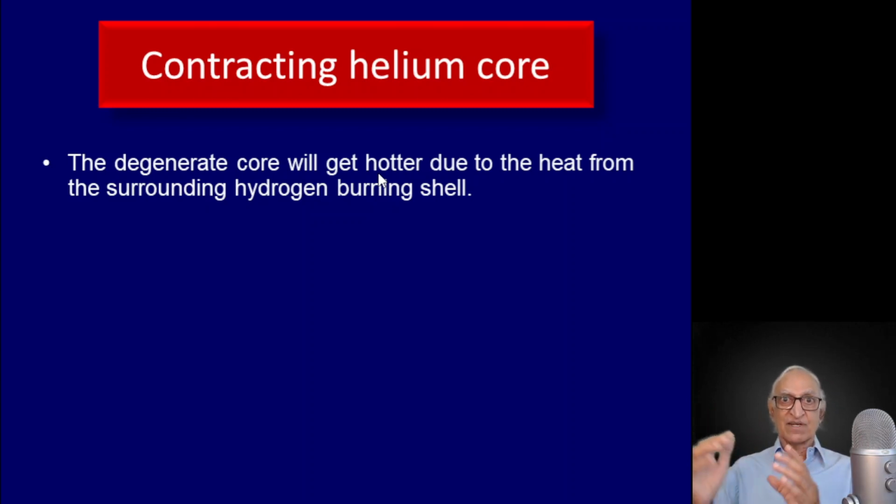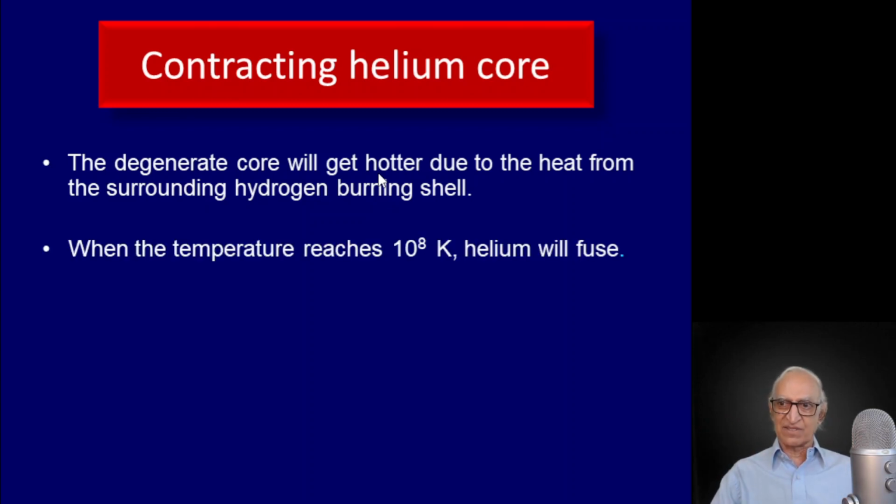That heat will conduct inwards, and therefore the inert helium core will get hotter, even though that heating is not by virtue of compression. It is not by virtue of compression because it obeys Fermi-Dirac statistics, but it is being heated externally, if you like, by the outside furnace.